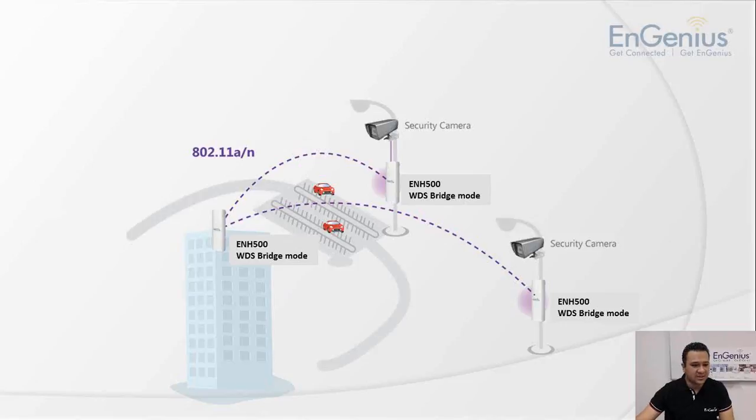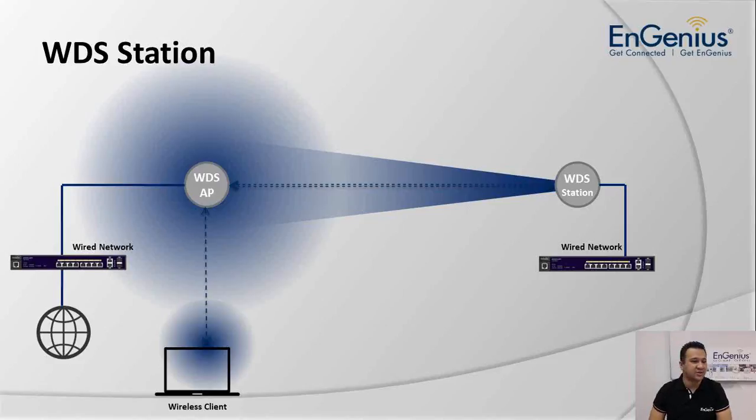So the last mode is actually a funny mode. I try to redo the picture again. It's always difficult to understand. It's WDS Station, and WDS Station is actually like a combination of WDS Bridge and WDS AP.